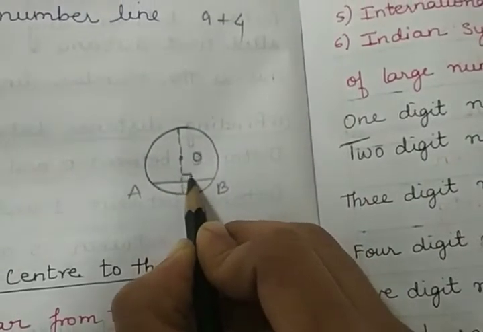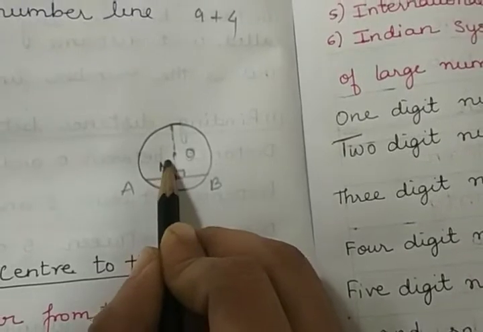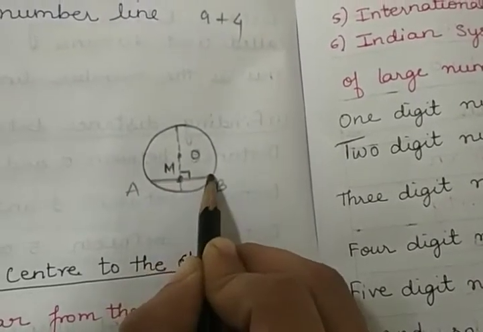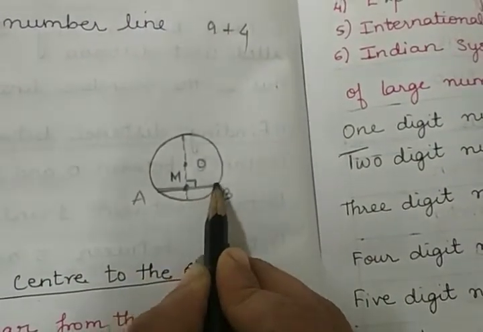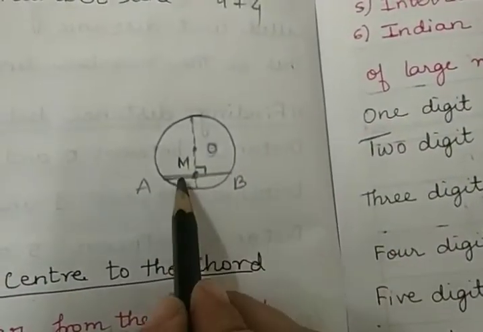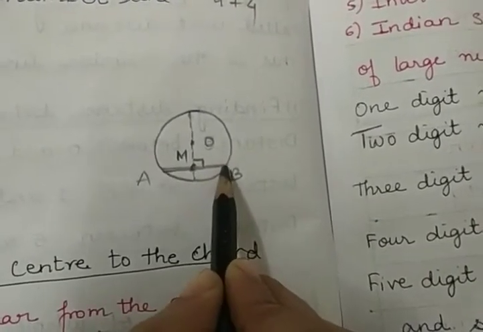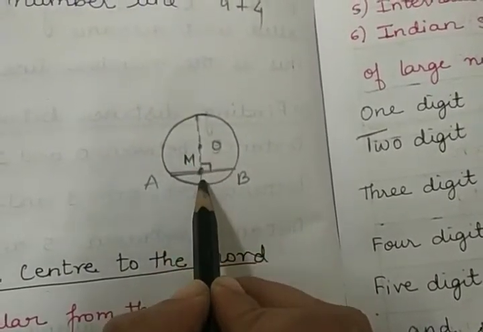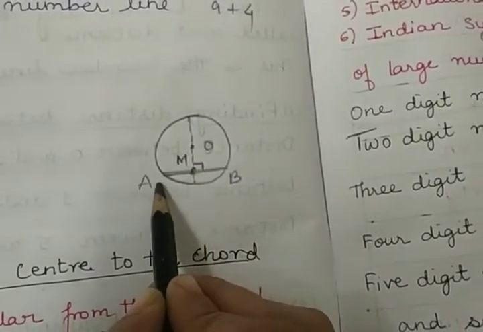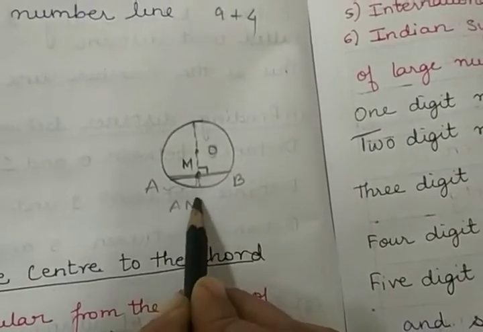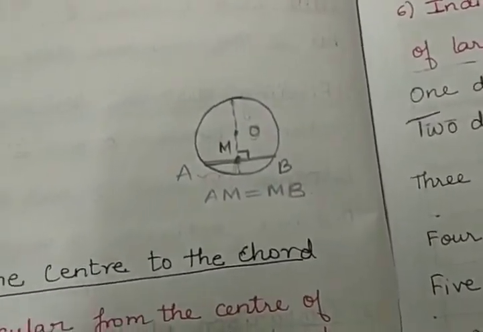This is the point where the perpendicular meets your chord, M. Then it says this perpendicular will bisect the chord, which means it will divide the chord into two equal parts. So this length AM will be equal to MB. This is what the statement says.